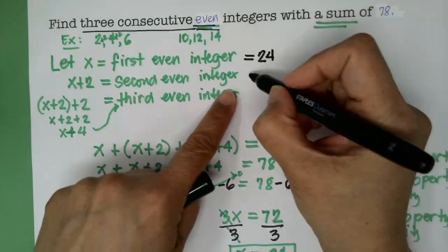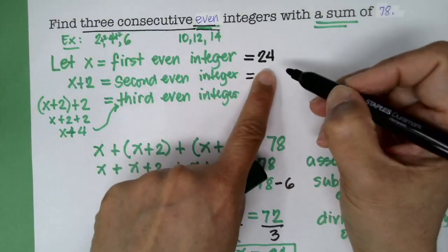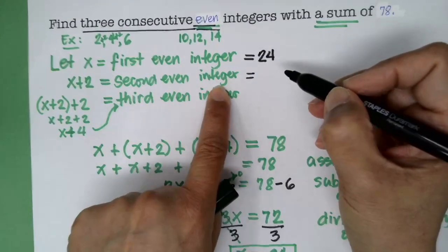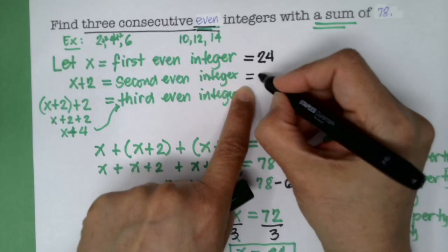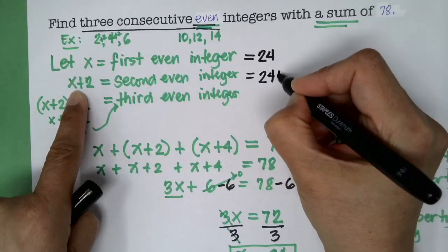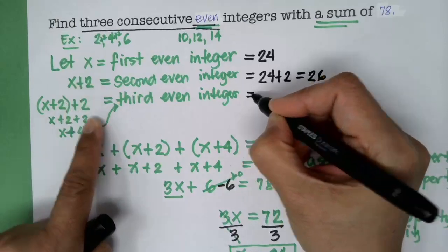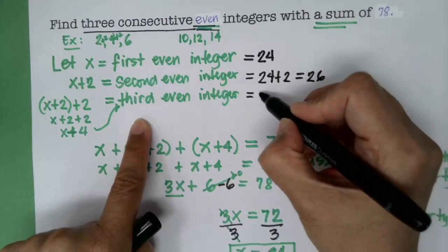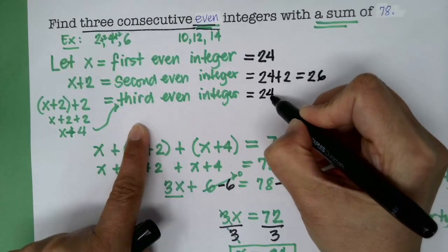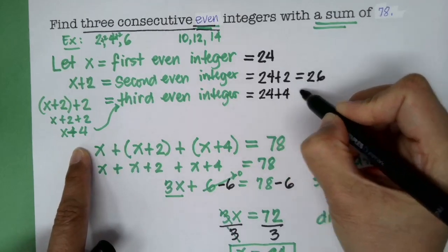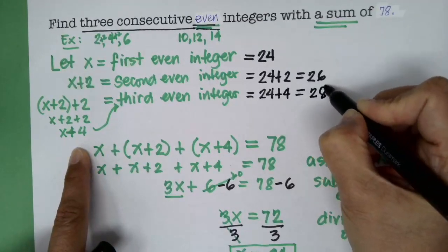And so if 24 is our first even integer, then the second even integer is 24 plus 2, or 26. And the third even integer is 24 plus 4, or 28.